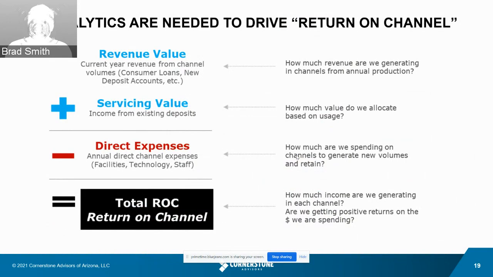The return on channel is just a simple measurement of the direct revenue contribution and the indirect value of servicing for each channel relative to the direct expense of the channel. So the idea here is the reinforcement that your channels are about sales and service, so the value of your sales activity and revenue activity, as well as the value of service.